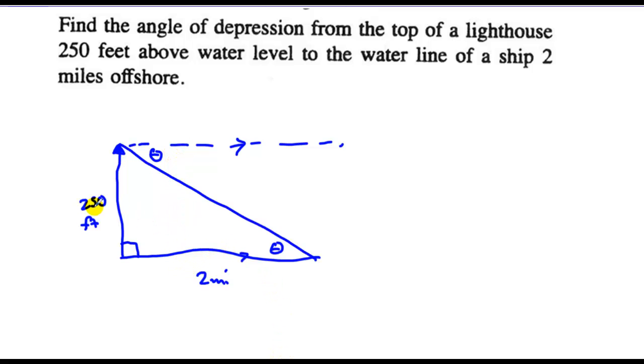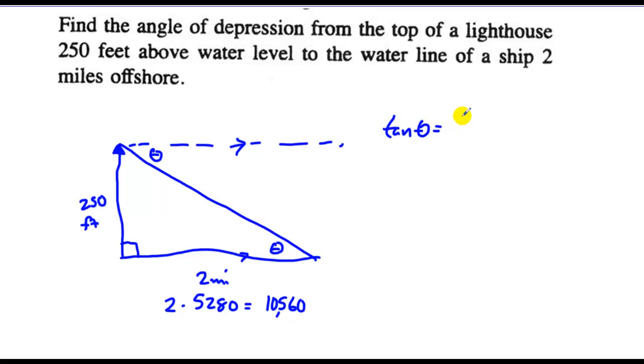Now, in order to find these values, we're going to have to have the same units. So this is 2 times 5,280 feet, which is equal to 10,560. So now I use my ratio of tangent, it looks like.